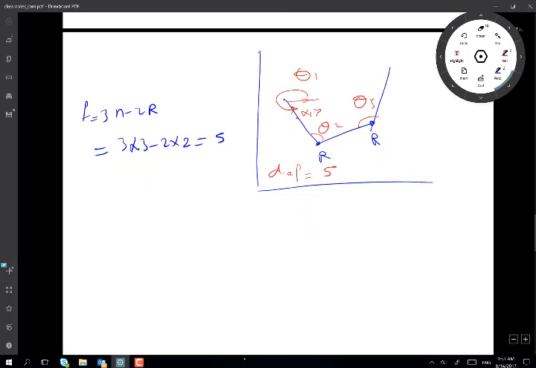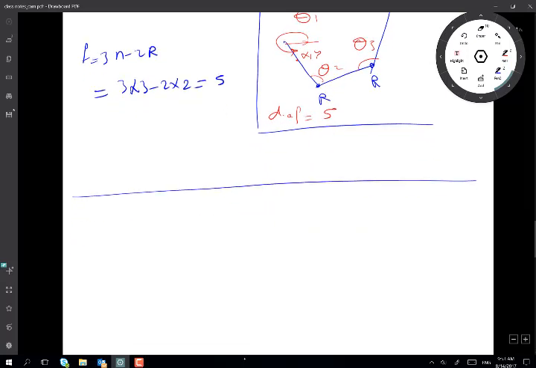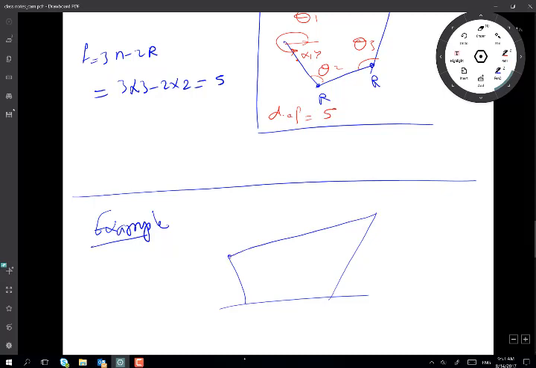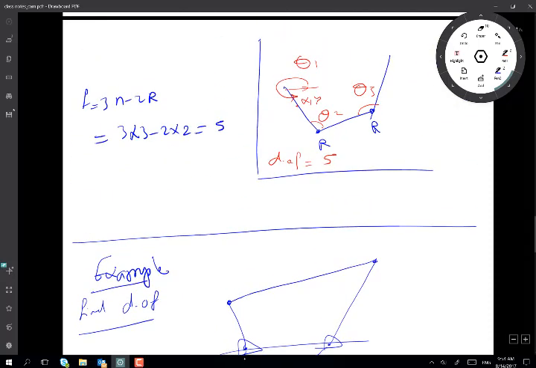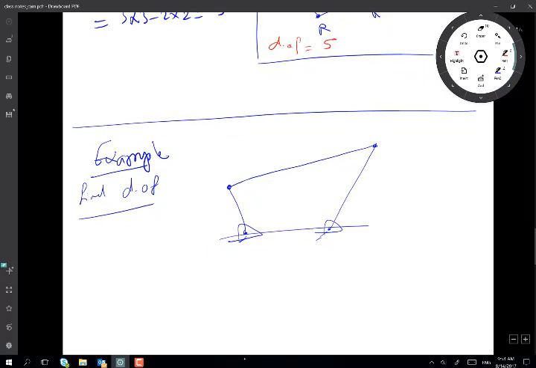All right, so now what if I give you a linkage to do such as this one? Say I give you an example and I say I have this linkage. Let's calculate degrees of freedom. So what we do is we count our links. Let's do this together.